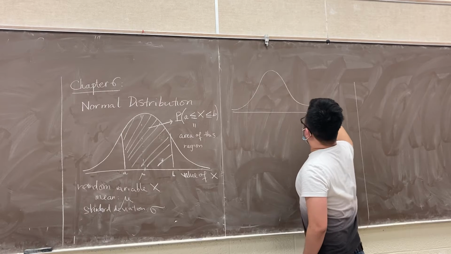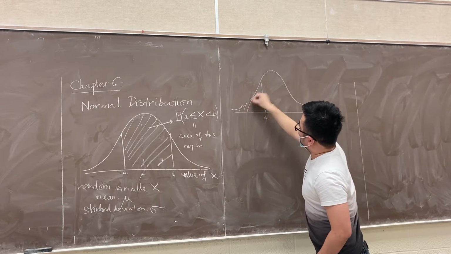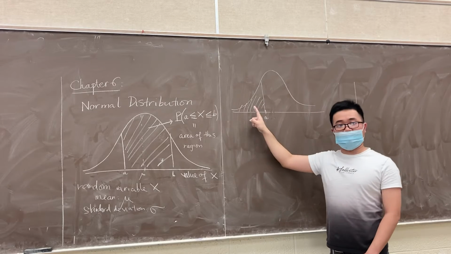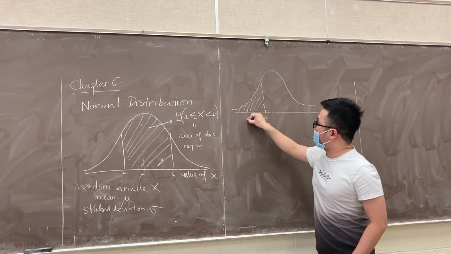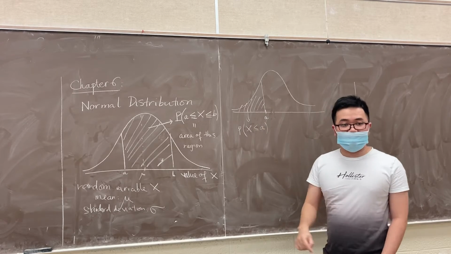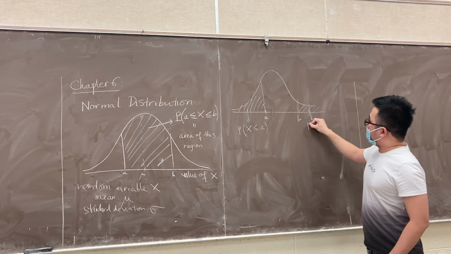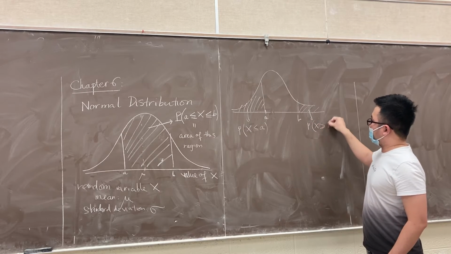For example, here we have A, and the area of this region represents the probability of x less than A. The region here is the probability of x greater than B.